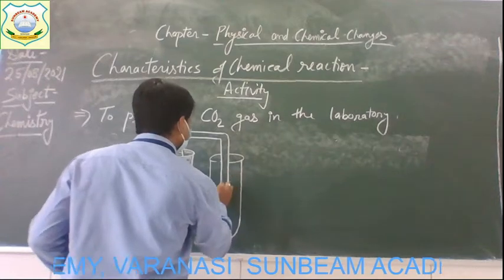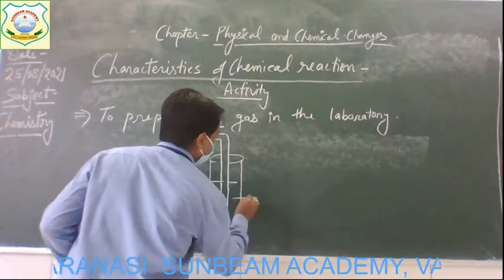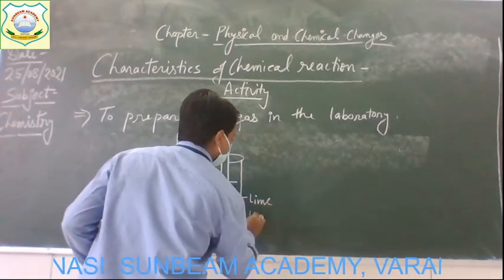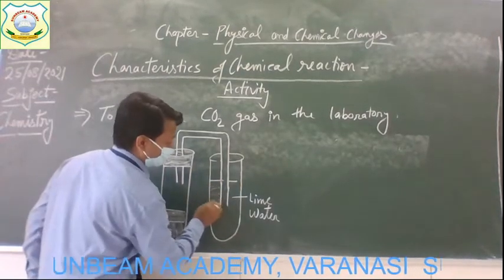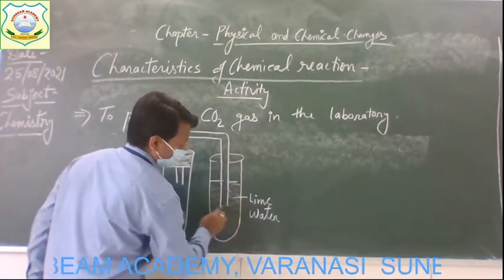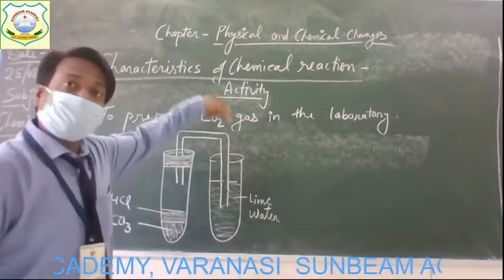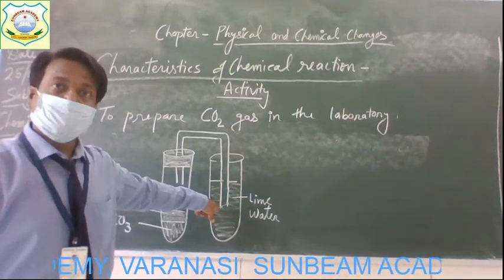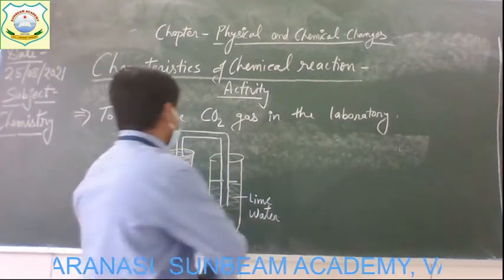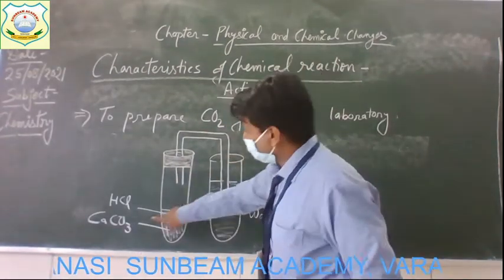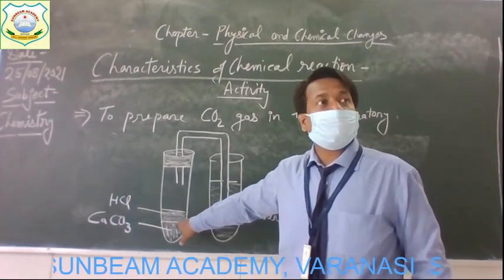And this test tube has lime water. So the second end of the glass tube gets inserted in lime water. Understood? Everyone? This much? Now, this shows that when these two substances react here, a gas will evolve.